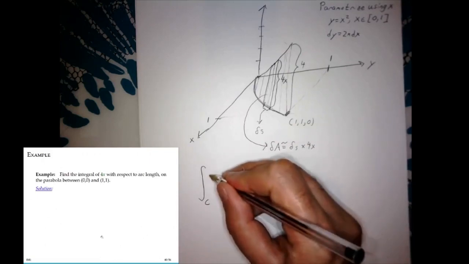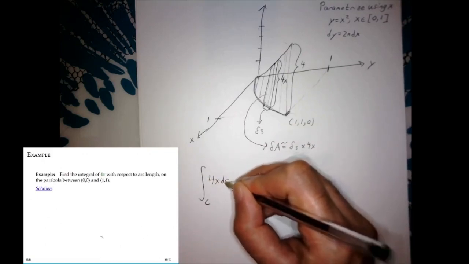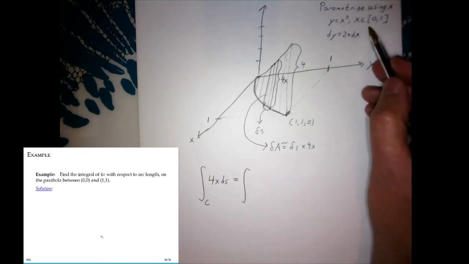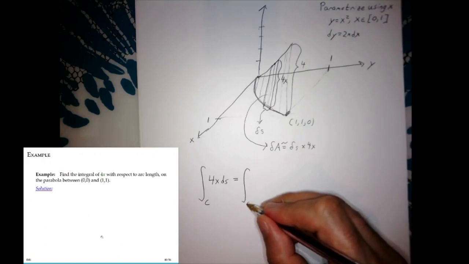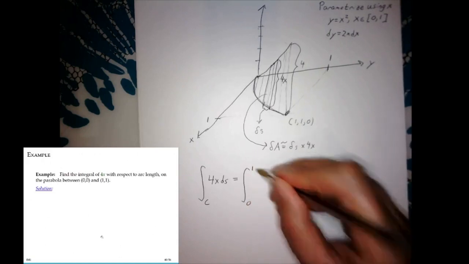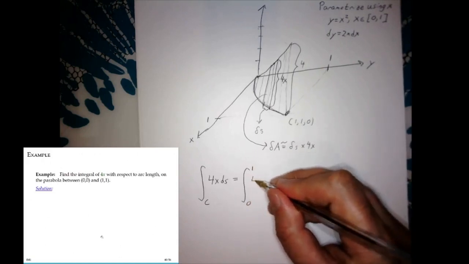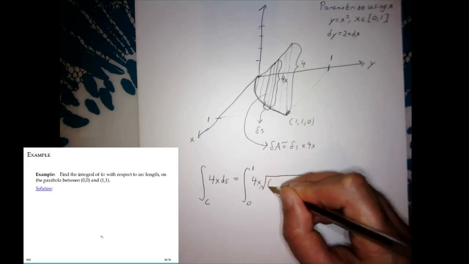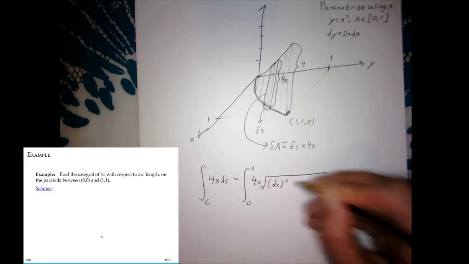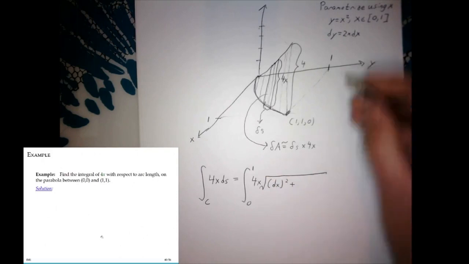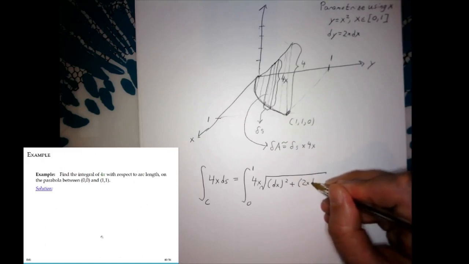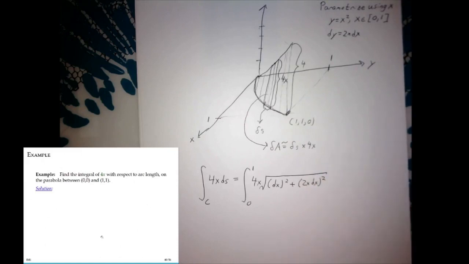The line integral over C of 4x ds is equal to the integral. x goes from 0 to 1 when we parameterize using x, so the integral from 0 to 1 of 4x times the square root of dx squared plus dy squared, but dy is 2x dx, so (2x dx) squared.